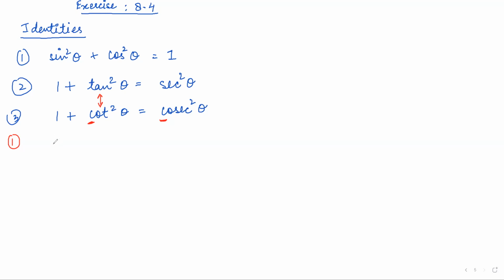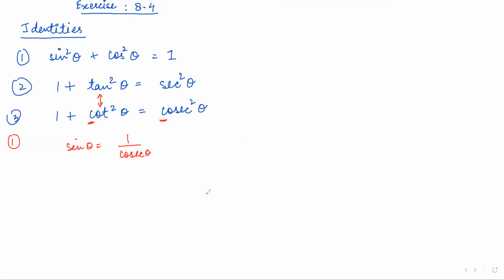So if I use the third identity, 1 plus cot square theta is equal to cosec square theta, correct? Before this, we know that sin theta is 1 upon cosec theta, the inverse relationship.